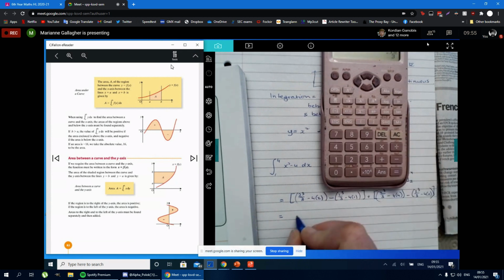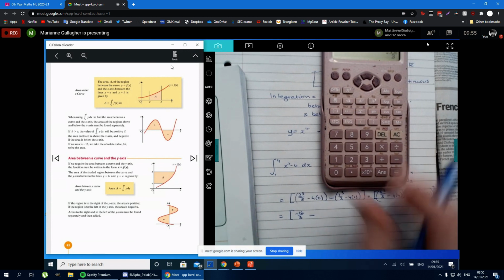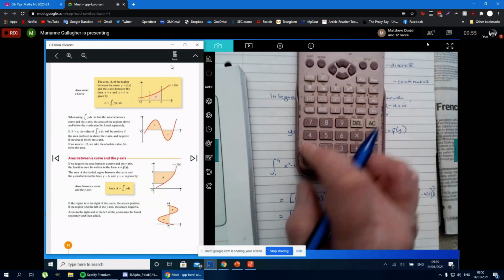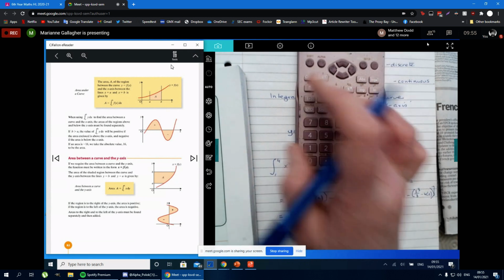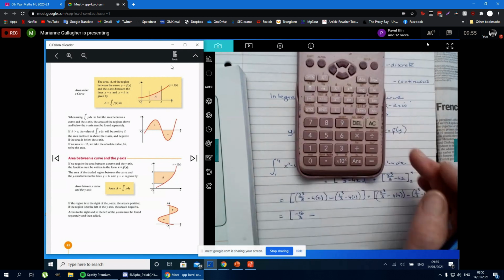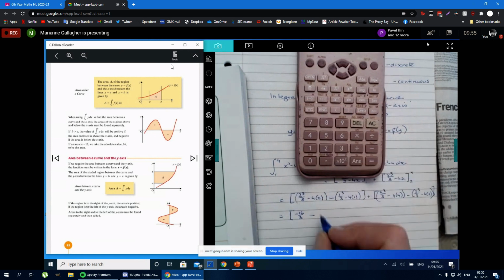That's negative 16 over 3. Now, we're not ignoring the minus here because we're still working out the value of this integral. The second bracket here is 1 cubed, which is just 1 over 3 minus 4. That's minus negative 11 over 3.